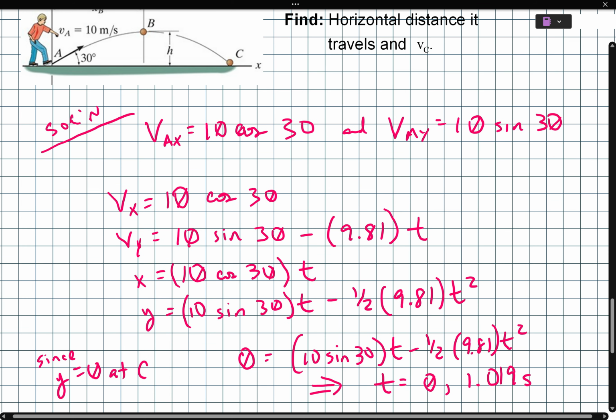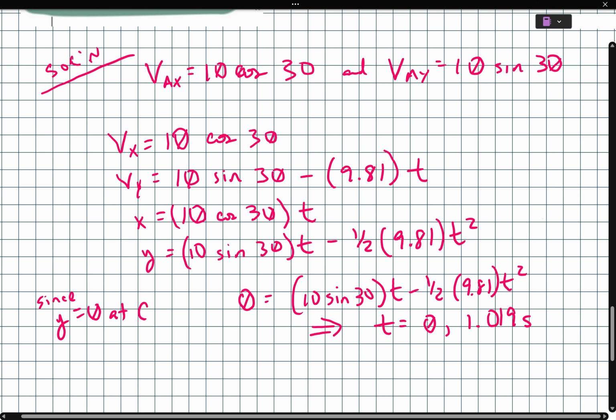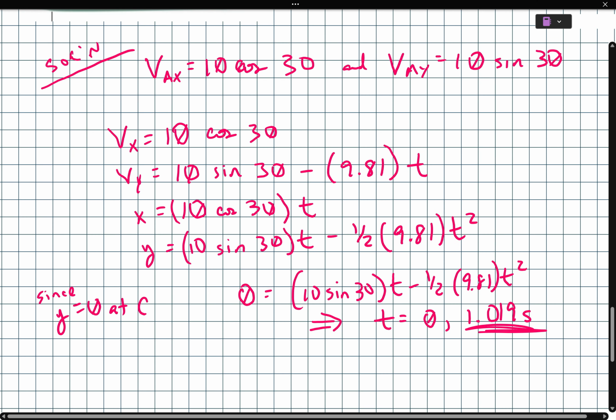Given a quadratic, you're always given two solutions, but only the time of 1.019 seconds makes sense.